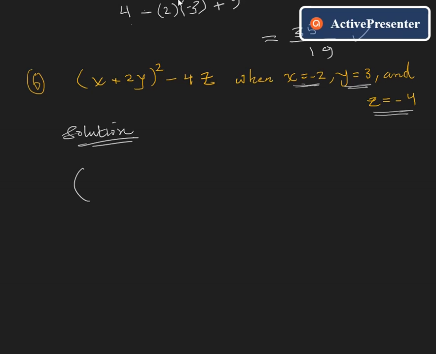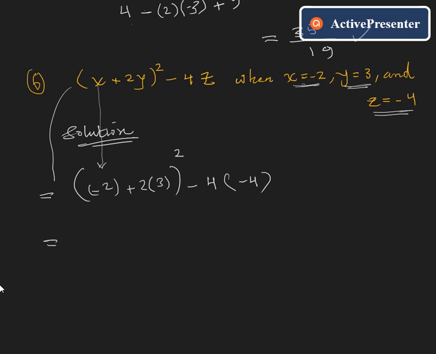So this equals minus 2 instead of x, plus 2 multiplied by y, which is 3, all squared, minus 4 multiplied by z, which is minus 4.